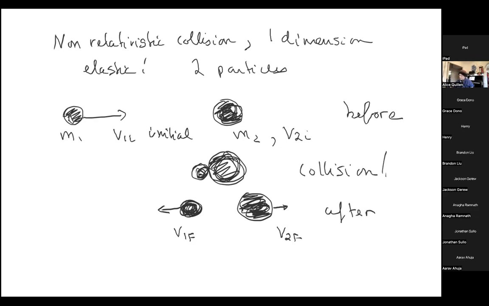Okay, so since only internal forces are acting during the collision, the total momentum is conserved. So that means the total momentum, which we can write out like this, that's the initial total momentum, is equal to the final total momentum.